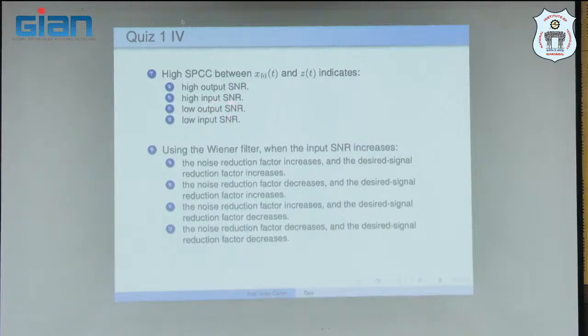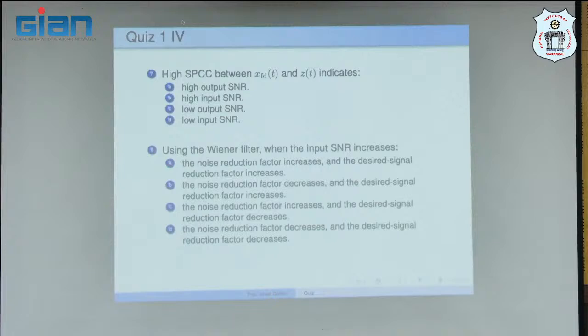When we talk about correlation between X filter desired and Z, it relates to the output SNR. So we can remove B and D, okay? And if it's high, it means that the output SNR is high, right? So it's A, okay? Because if these correlate, high correlation, it means that the output SNR is high. So it's A.